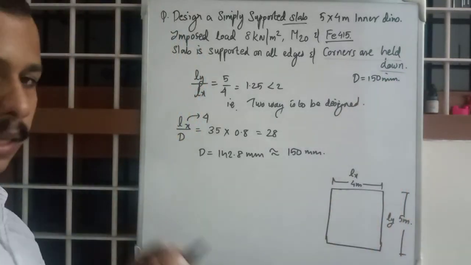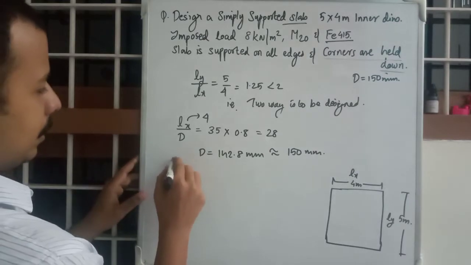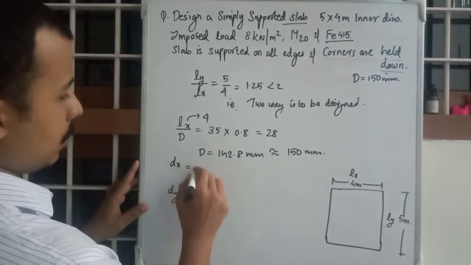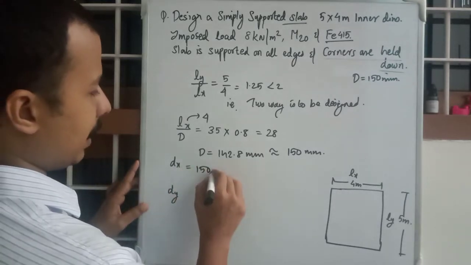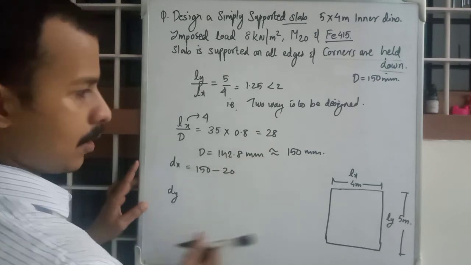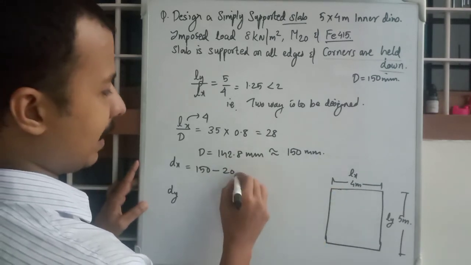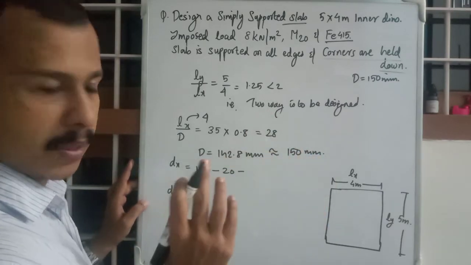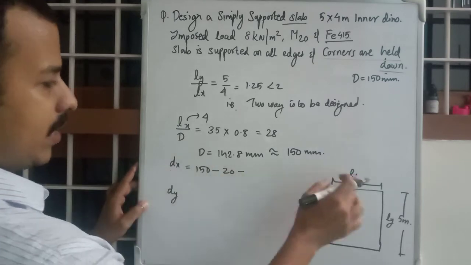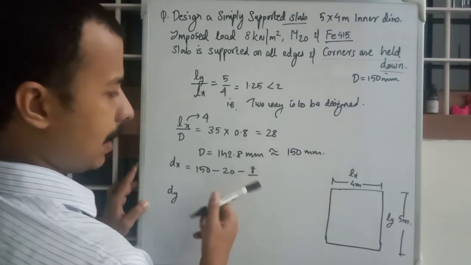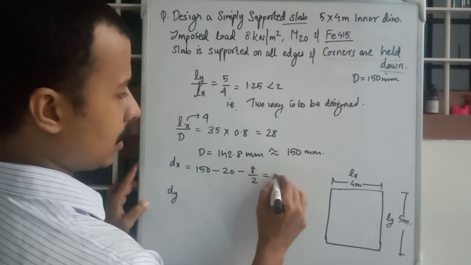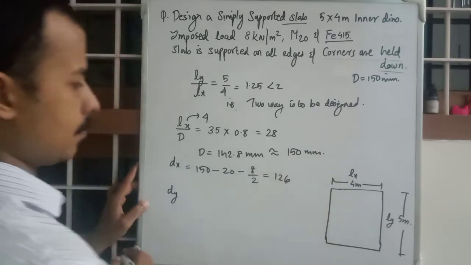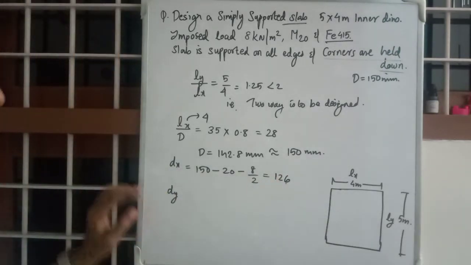You need to calculate dx and dy the same way. dx is 150 minus 20. Obviously along Lx you have the clear cover minus only half of the main reinforcement along the Lx direction. Suppose we assume 8 by 2, that gives 126.